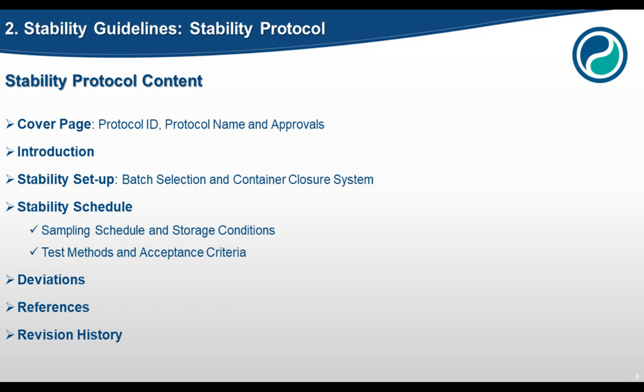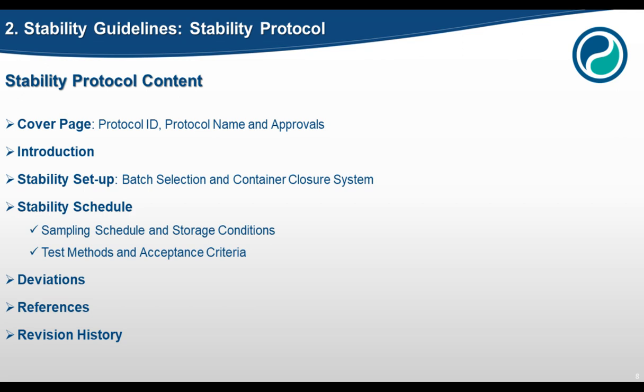In this slide, I'm going to show the general content of a stability protocol, followed by Frontage Lab and also the industry in general. So the first one is the cover page. Normally we have protocol identification, protocol name, and approvals. And in the introduction section, we describe briefly the drug product. In the stability setup section, we list detailed information about batch selections and also the packaging configurations of the drug product.